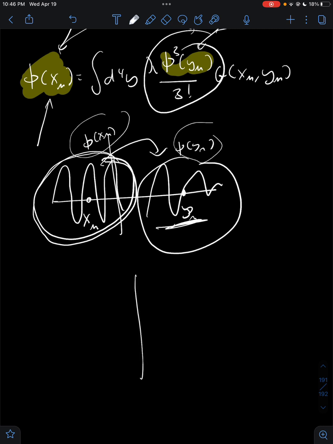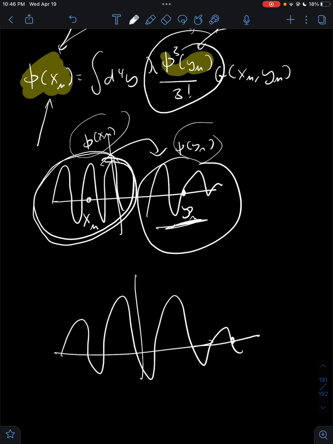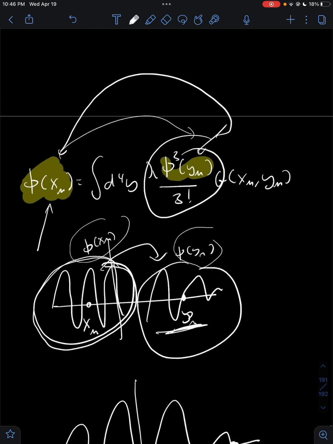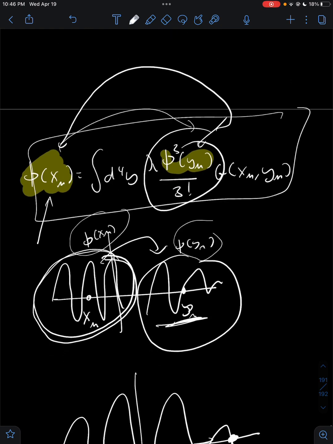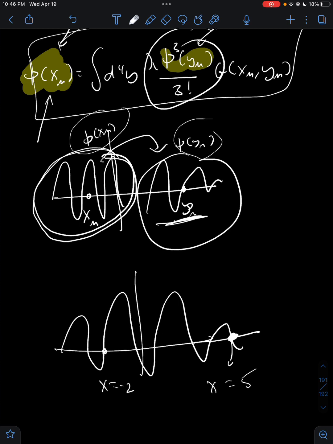So in a bit more precise manner, we can think of it like this. The field at this point, let me call this point, I don't know, x equals 5, will affect the field at x equals minus 2. And that's encapsulated by this equation right over here. How the field acts, whether it jumps up and down or plateaus off, how it behaves here will affect how it behaves here.